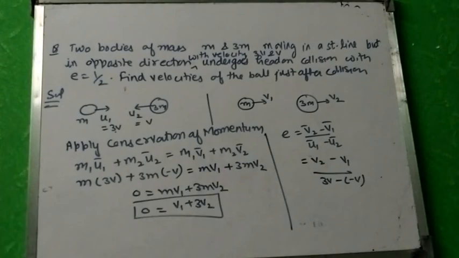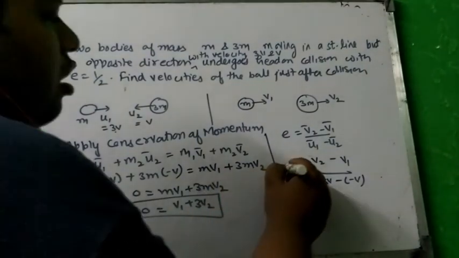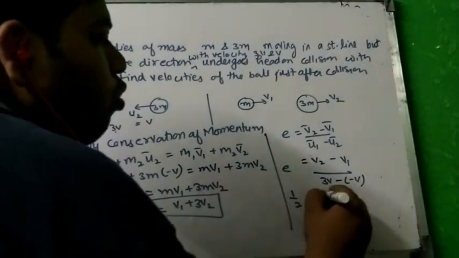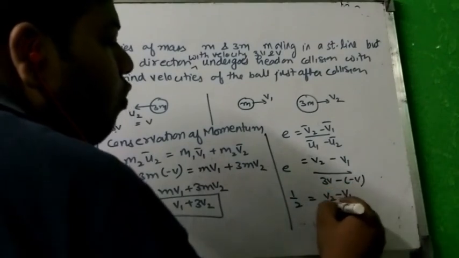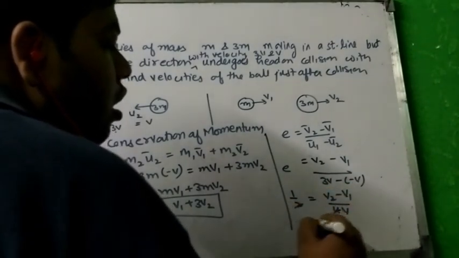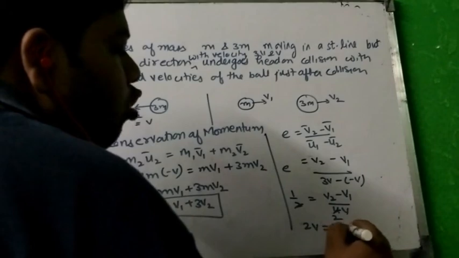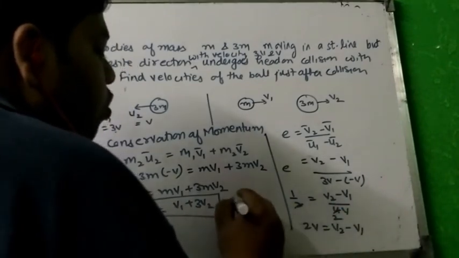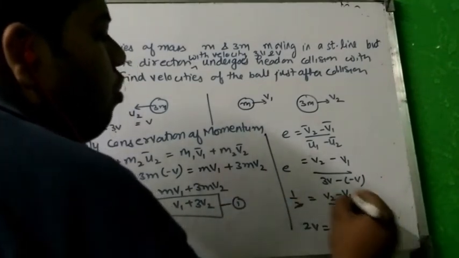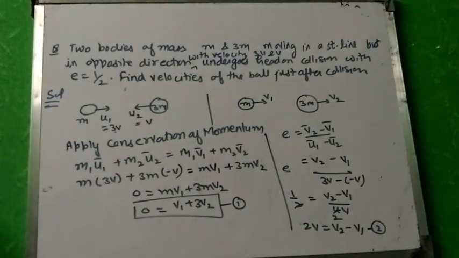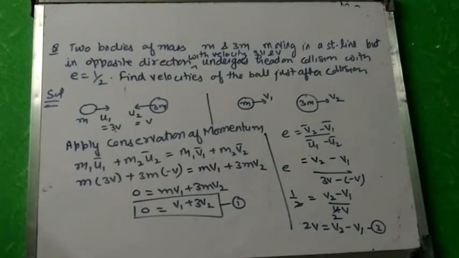Because it is on the left side, opposite direction. E is given to you as 1 by 2. It will be v2 minus v1 upon 4v, so 2v is equal to v2 minus v1. Now you have two equations and two variables. ठीक है? Solve equations 1 and 2 to get v1 and v2.